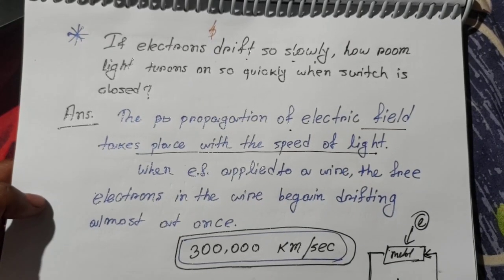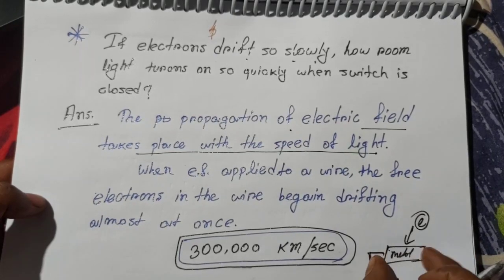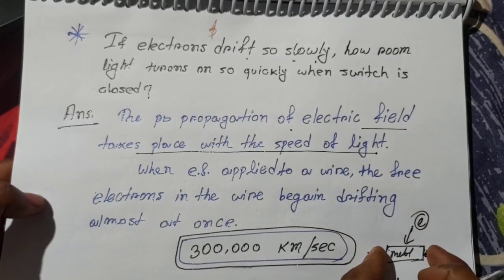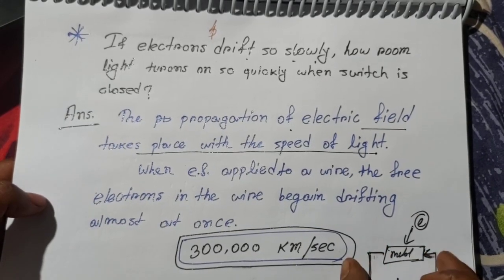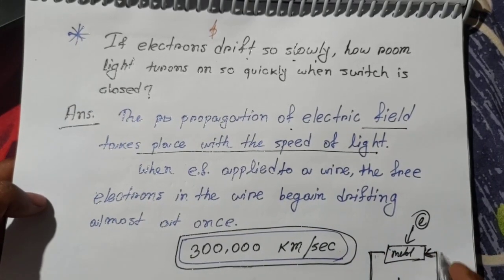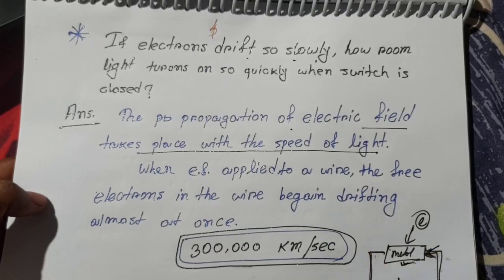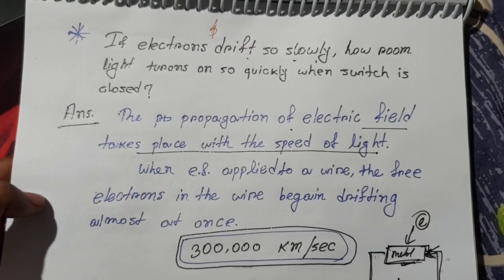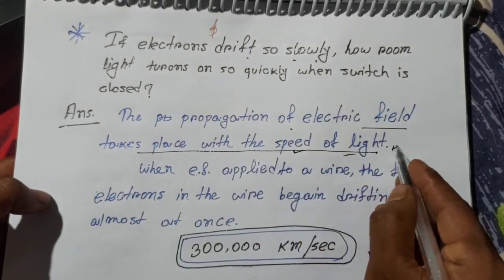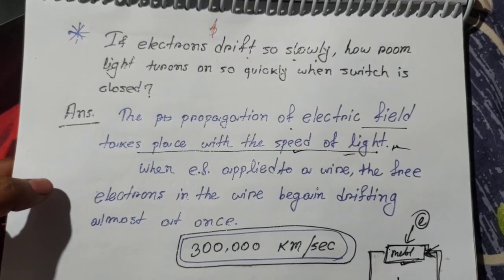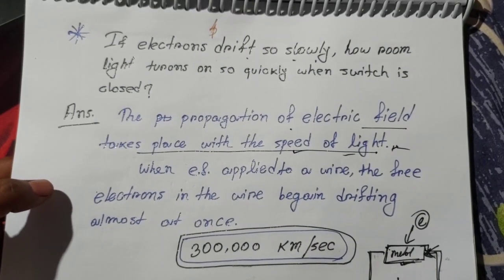Suppose this one is at first disconnected, then we connect it and the electric field is applied to this metal. It's so quick. When the circuit is closed, the full metal body is connected with the electric field. That takes place with the speed of light.